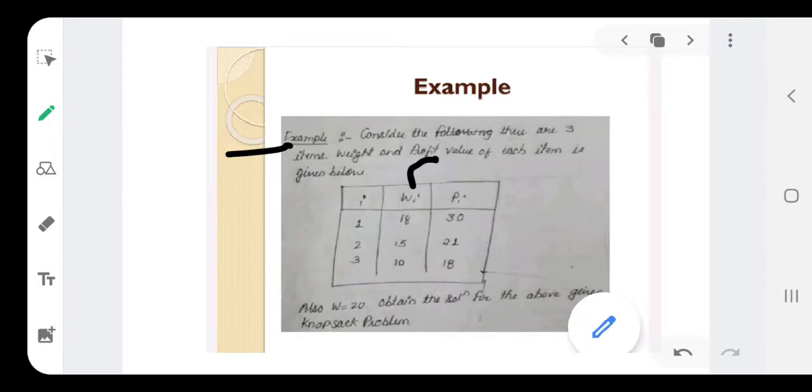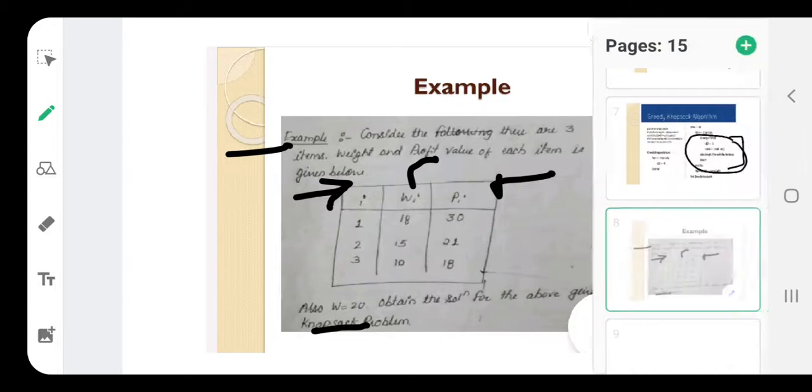We represent the object with the symbol i, and we have three objects. The knapsack can contain a weight of up to 20 units. Here we have to obtain the solution for the given knapsack problem.